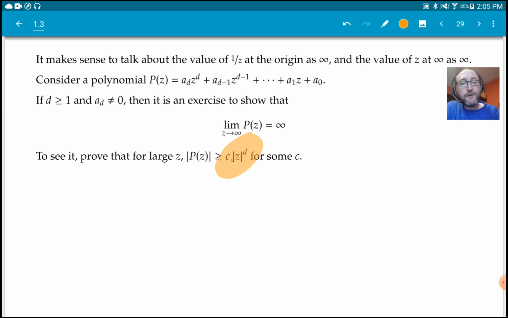That's easy to show goes to infinity, and therefore this must go to infinity.